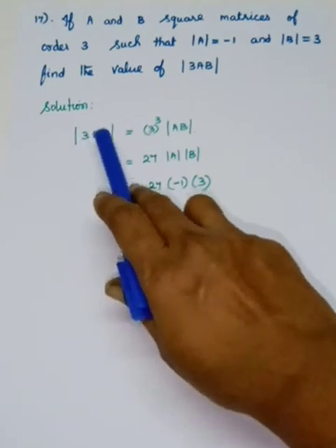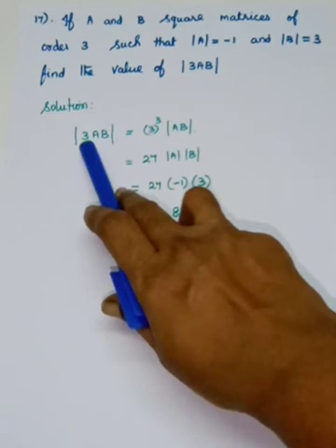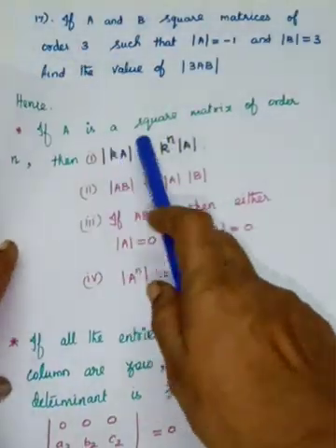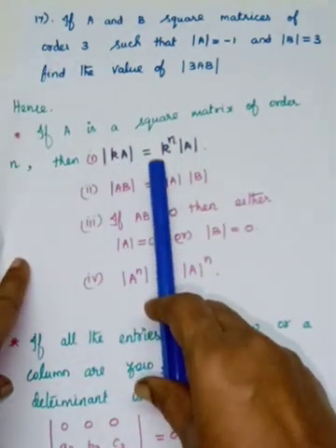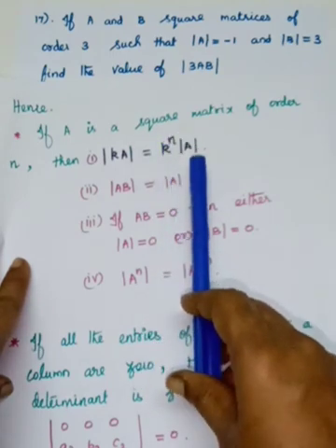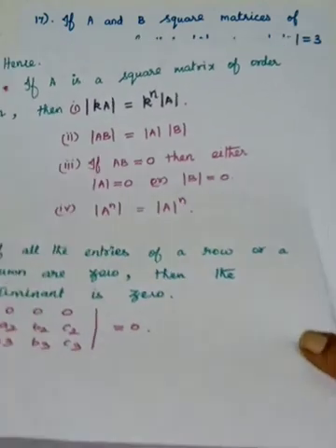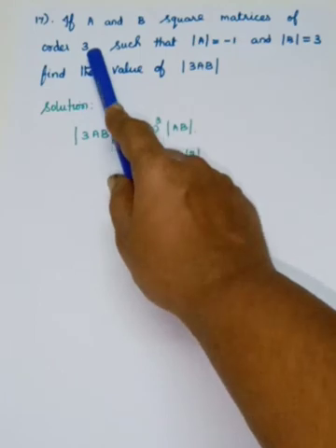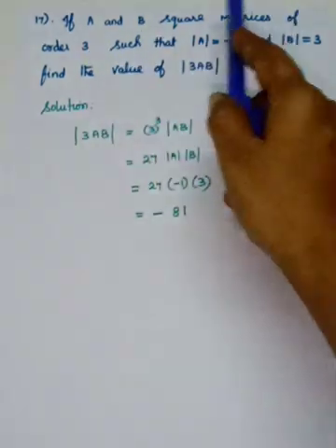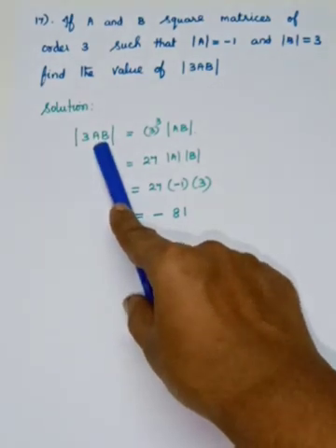That means all the elements of AB are multiplied by 3. According to this property, if A is a square matrix of order n, the determinant of kA is equal to k power n into determinant A. Here A and B are square matrices of order 3, so AB is also a square matrix of order 3.